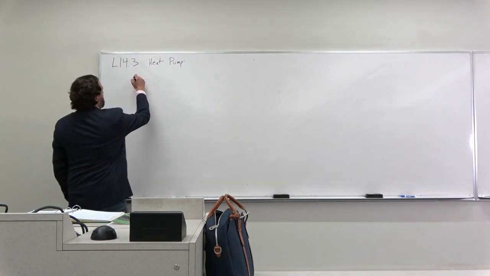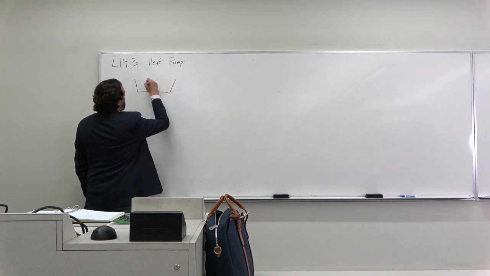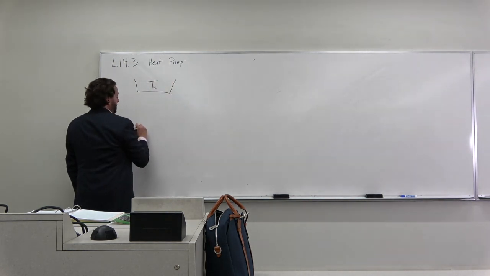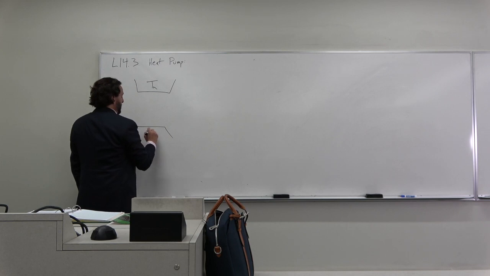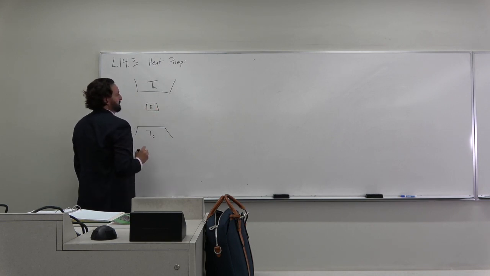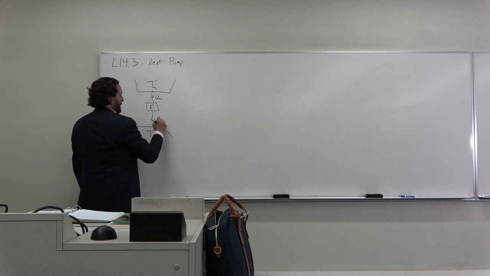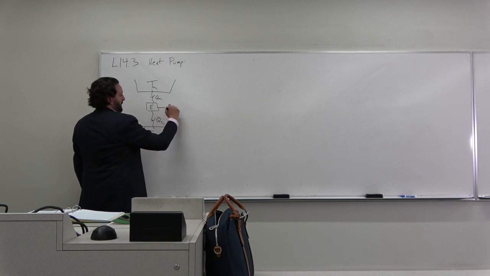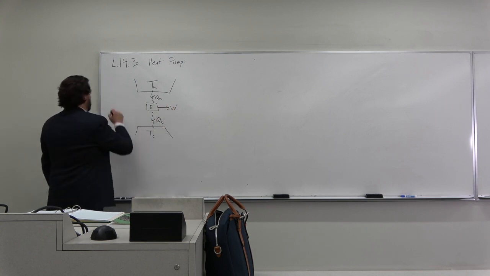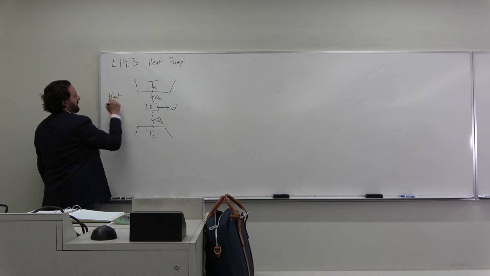far we have thought about our Carnot cycle as having an engine, right, where we had heat flow in, we had heat flow out, and we produced work. So this was our heat engine.